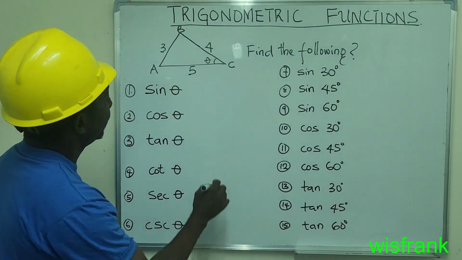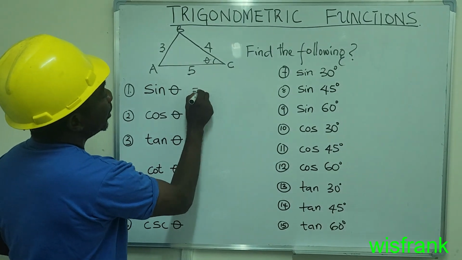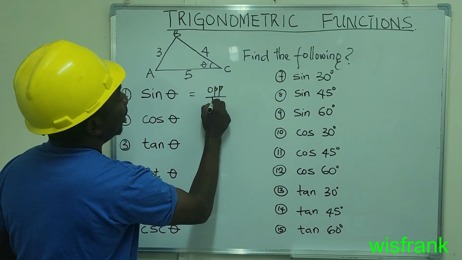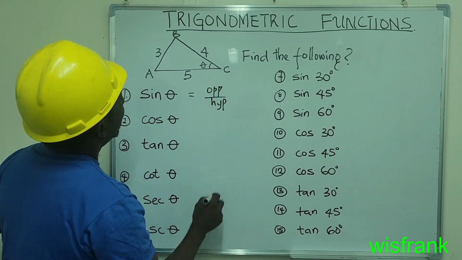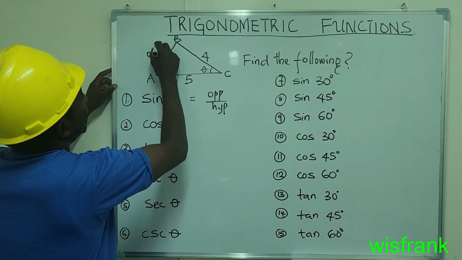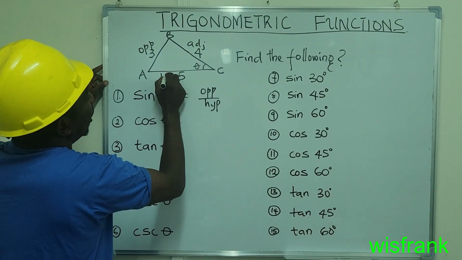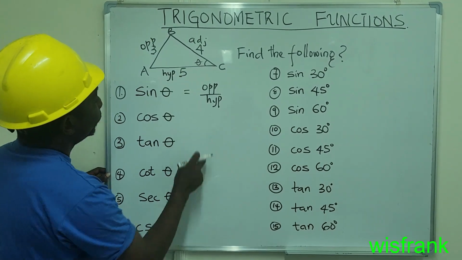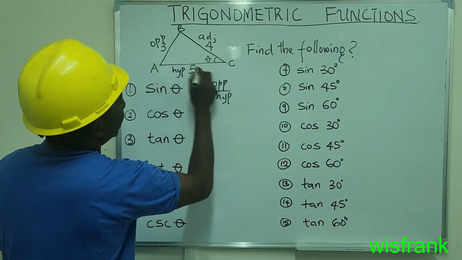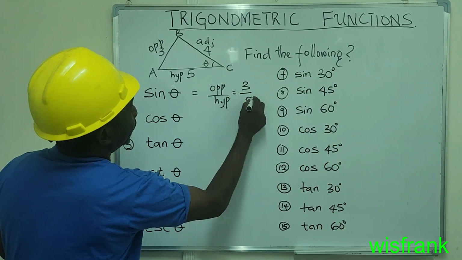So we start with number 1. Sine theta here is the same thing as opposite all over hypotenuse. So as I said before, here is opposite, here is adjacent, here is hypotenuse. So sine theta will be opposite all over hypotenuse, which is the same thing as 3 all over 5.